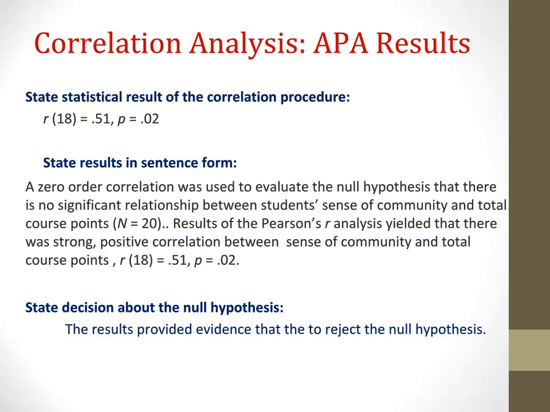That means as sense of community increases, the total course points increase. And since it's 0.51, remember, based on Cohen's convention, anything above a 0.5 can be considered a strong correlation or strong relationship. Since our significance level is below 0.05, we can say that we have evidence to reject the null hypothesis.